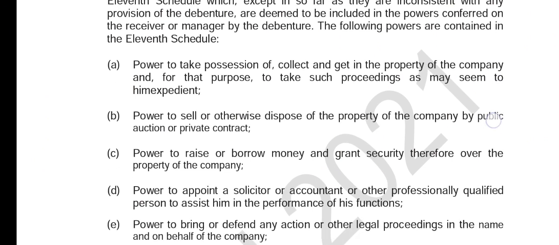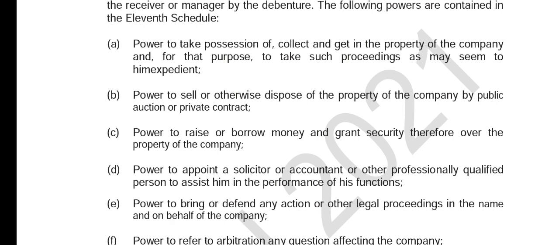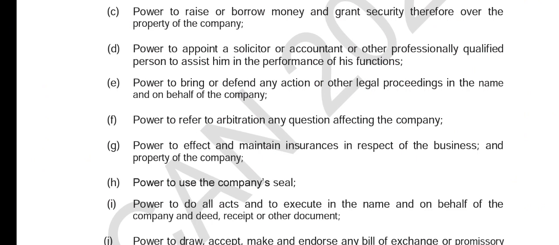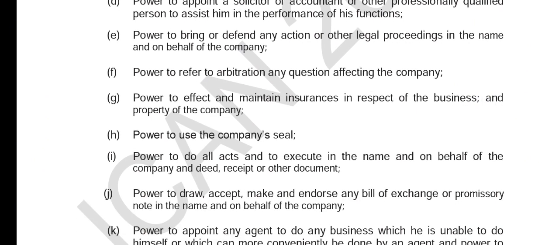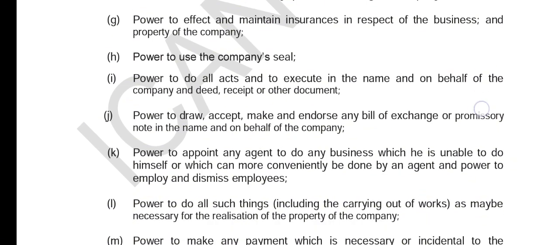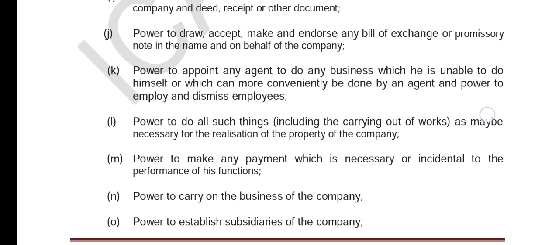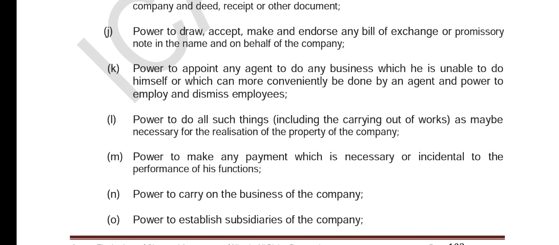So it still borrows from the duty of a receiver, and the addition is that he can do these remaining things: use the company seal, endorse bills of exchange or promissory notes, and do all such things, including carrying out works as may be necessary for the realization of the company property, to carry on business for the company, and to establish subsidiaries.